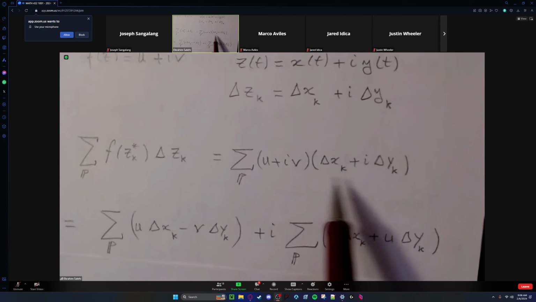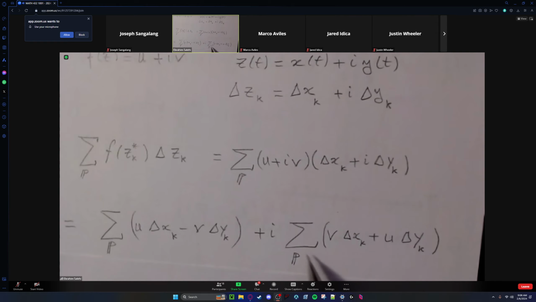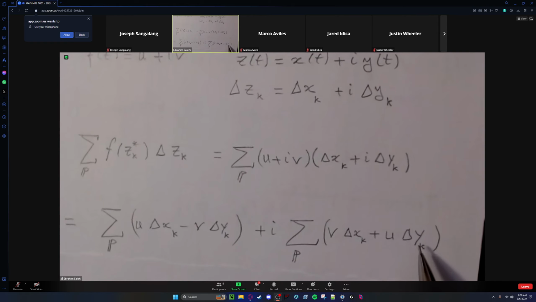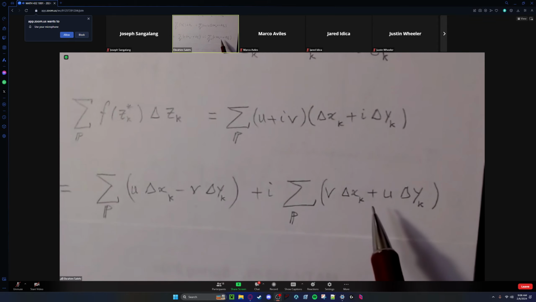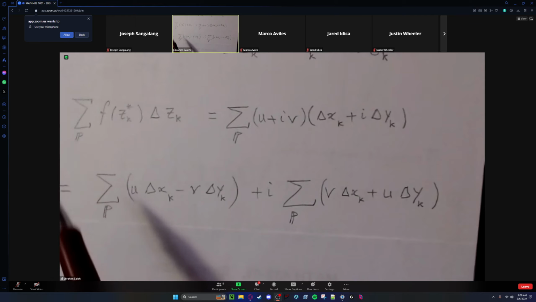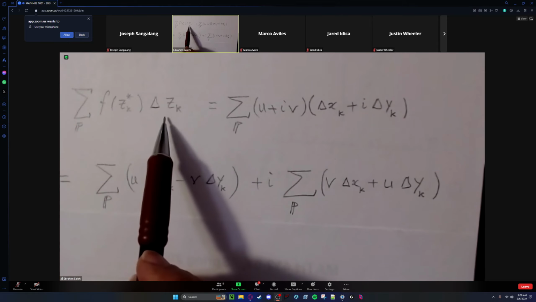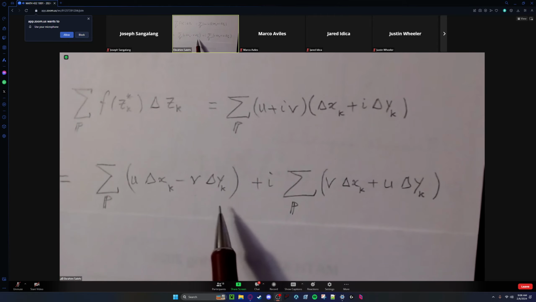Now you multiply and then separate the real part and imaginary part. The next thing you want to do is take the limit as the number of partitions approaches infinity, all right? This will give you the integral. But how about this?